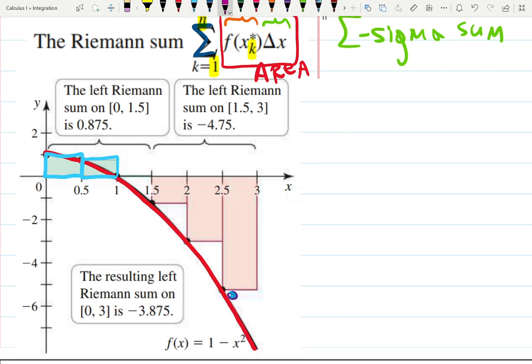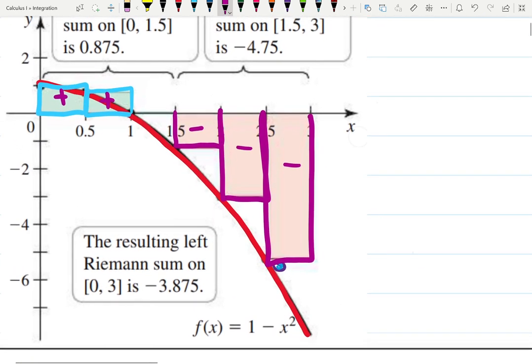But how about above the graph? Let's do the same thing. Left endpoints keep touching the graph. So the difference will be that whatever is above will be positive and whatever is below will be negative. Thus, that's an example of the Riemann sum, left Riemann sum specifically.